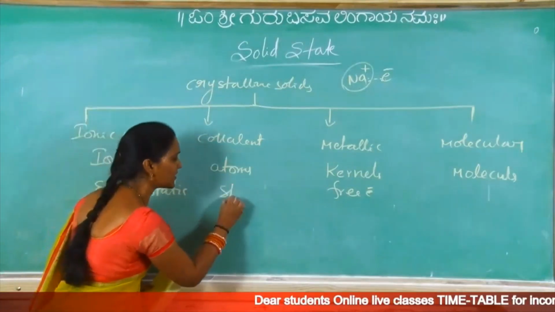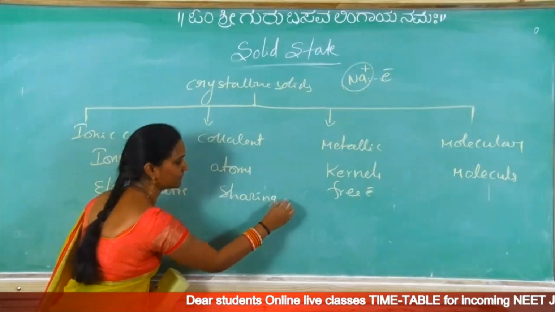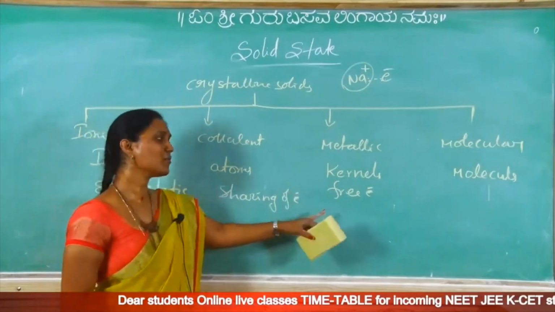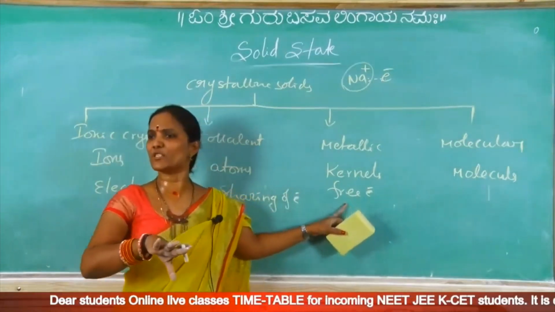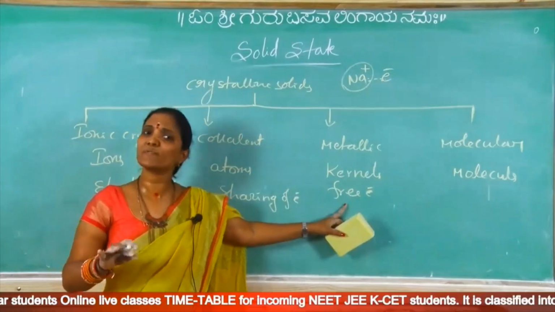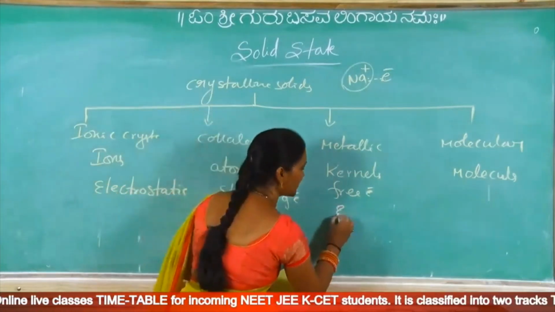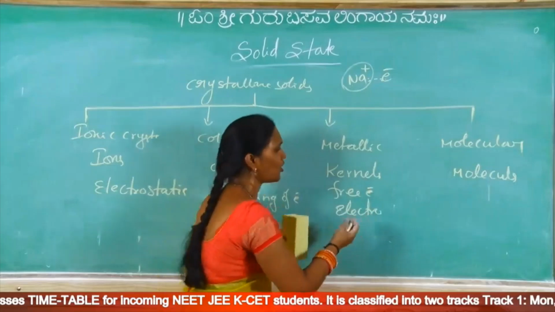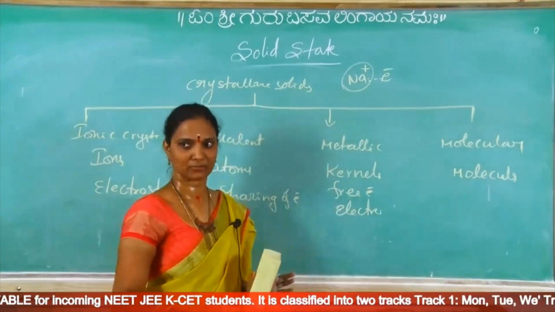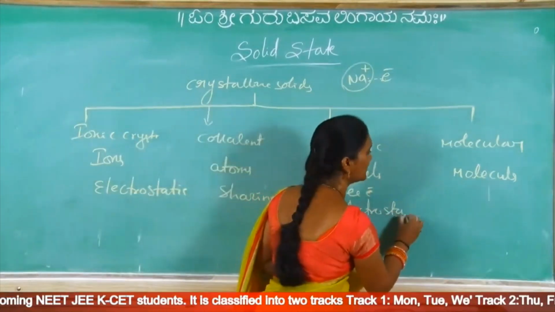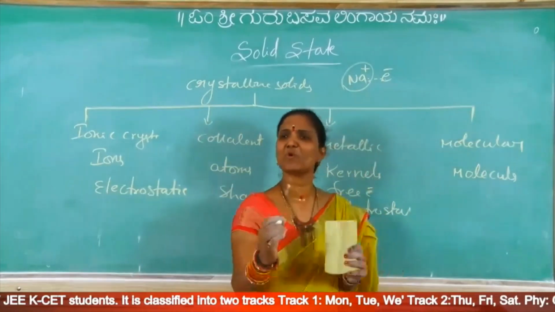So the interactions are sharing of electrons. Here again, metal kernel is positive and free electron is negative. Positive and negative, so the interactions are electrostatic interactions, but not between two ions, since one is a free electron.